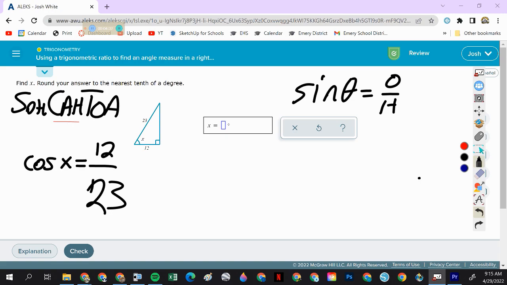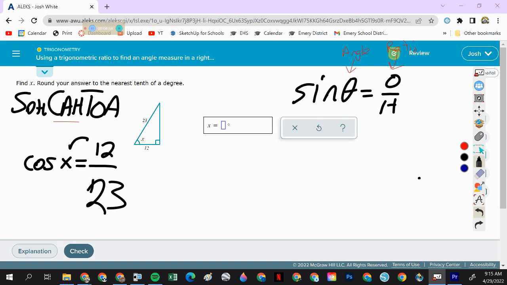So in these problems, this is an angle, and this is a ratio made up of side lengths. You take one side and you divide the other side. So if you know what the angle is, then the calculator will tell you what the ratio is equal to. But here, we know the ratio is 12 over 23. We want the angle. So we're going to do what is called the inverse.